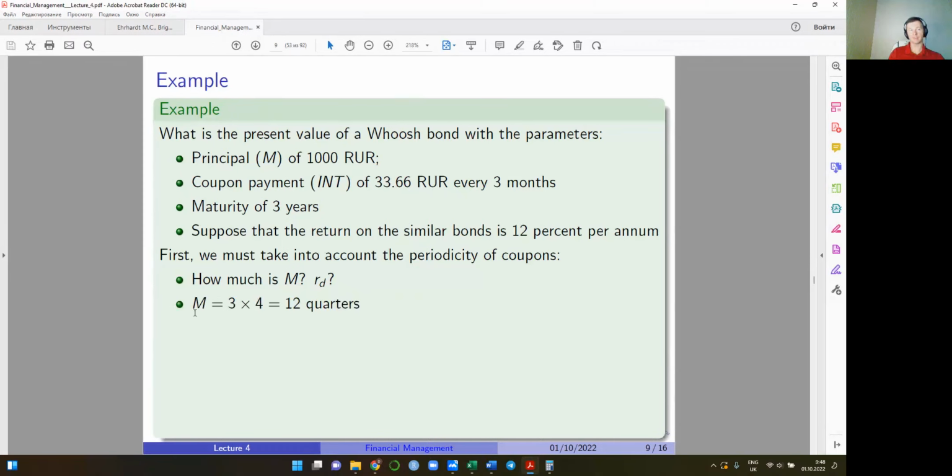So again, sorry for the typo, it's not capital M, it's capital N, the number of periods, it's 12 quarters. Now, if the interest rate is 12% a year, this is the annual interest rate, how much percent per 1 quarter do we have?